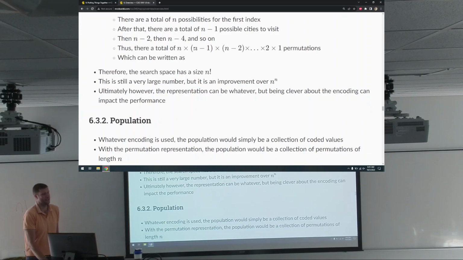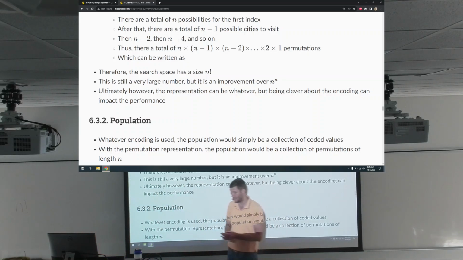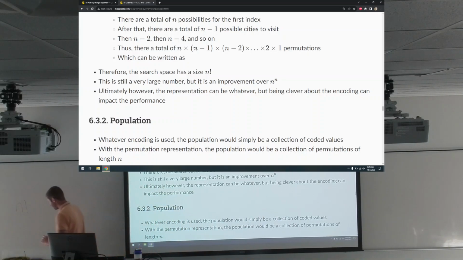Now, to get to your question, the problem with not fixing the starting index is this. If the starting city always has to be 0, and I have 4 cities, and I come up with 0, 1, 2, 3, that's my path.